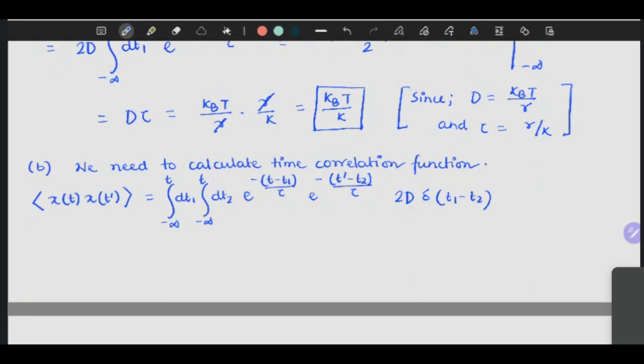Only thing is here the limit will be t prime.